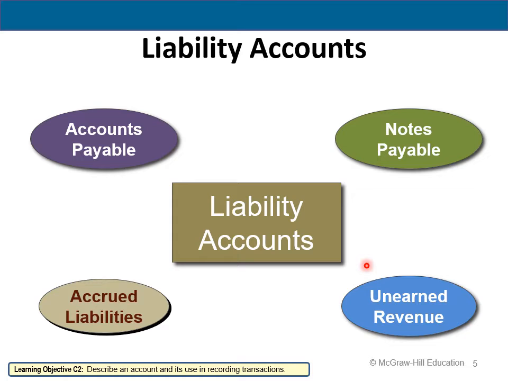Unearned revenue, which is a liability because you've collected money in advance and you still have to earn it. And accrued liabilities, which are liabilities that have been incurred but not yet settled. There's a timing difference, which we'll get to in Chapter 4.